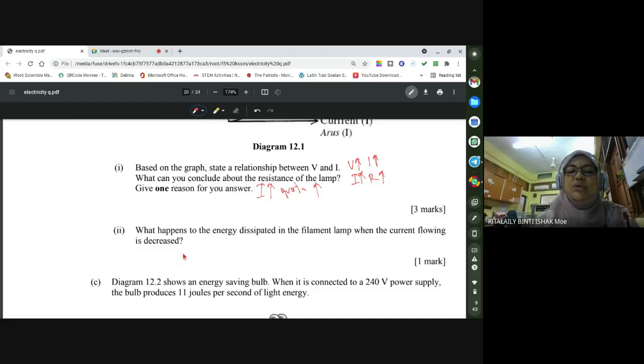When the current flow decreases, the energy dissipated from the filament will also decrease. Energy dissipated is the heat release. Because as the current decreases, resistance decreases. Therefore, heat release will also decrease.